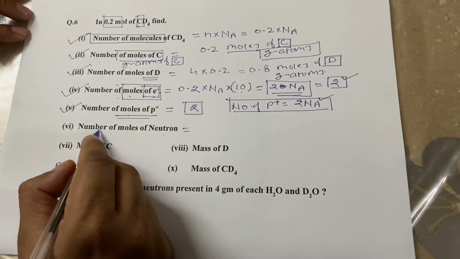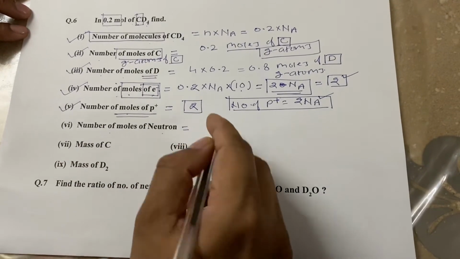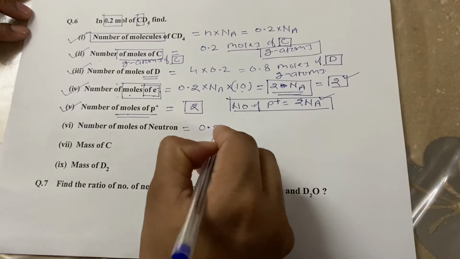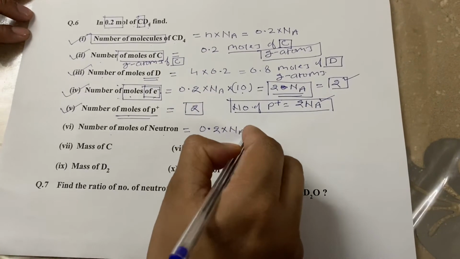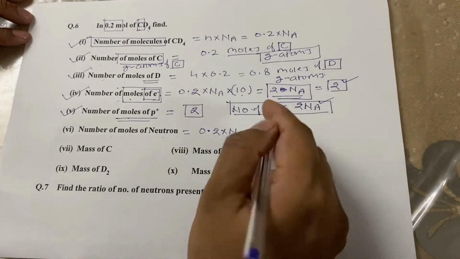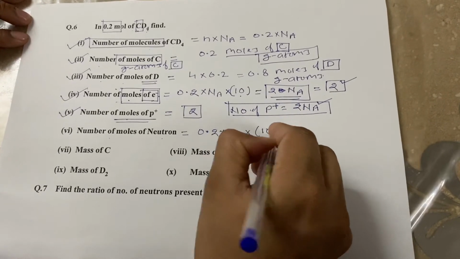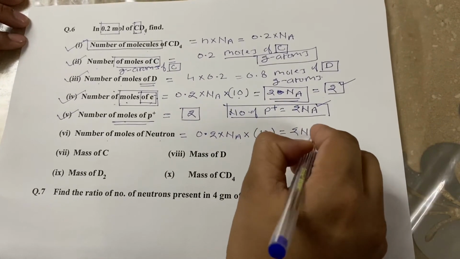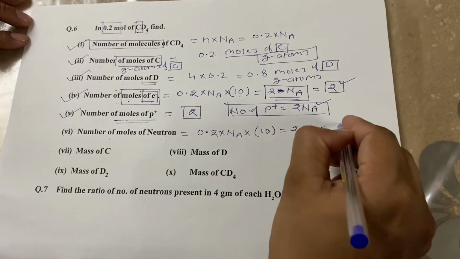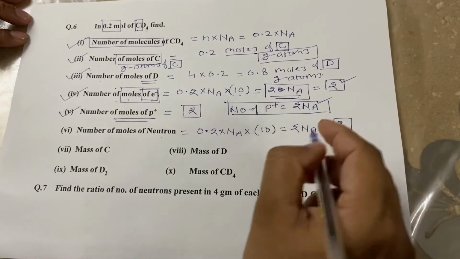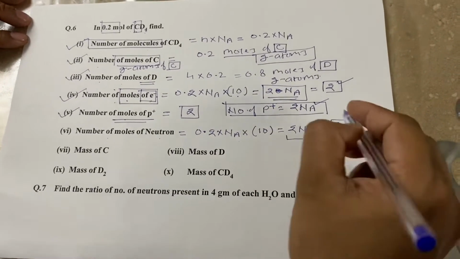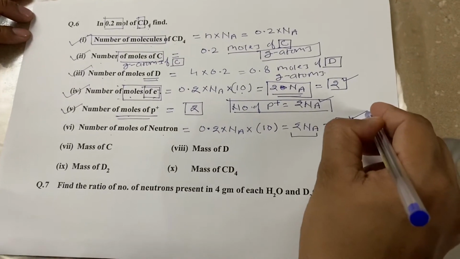So in the CD4 we can calculate the number of neutrons as 0.2 into Na. Now if the number of neutrons is to be calculated, then definitely it will be 10. Again this will give 2 Na, which will be equal to 2 moles of neutrons. 2 Na is the number of neutrons and 2 is moles of neutrons.